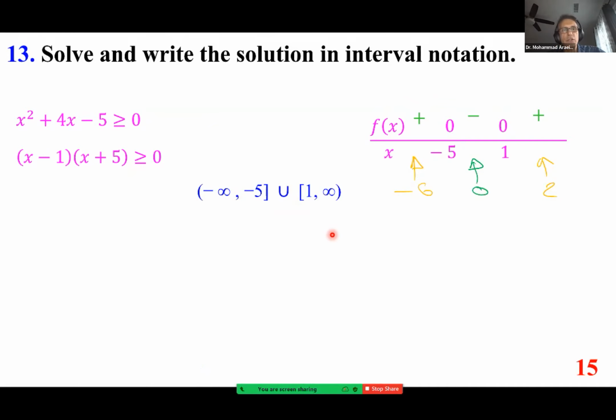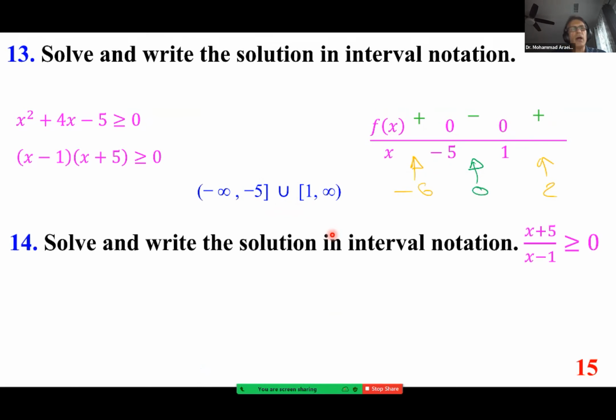Now, if you look at this question, I am using the same factors. One is at top, one is at the bottom, which means if I go through the process, remember, negative times negative is positive, also negative over negative is positive. So it will give us the same result, but it is slightly different, and that's what I want you to pay attention to.